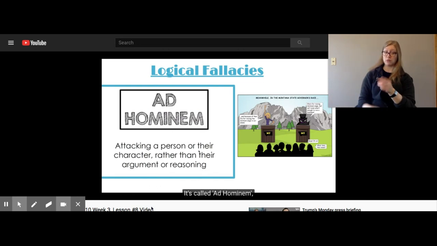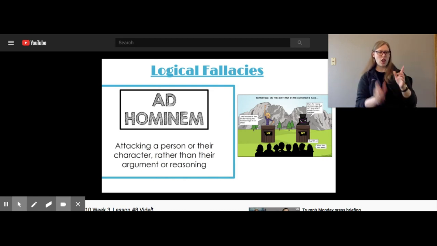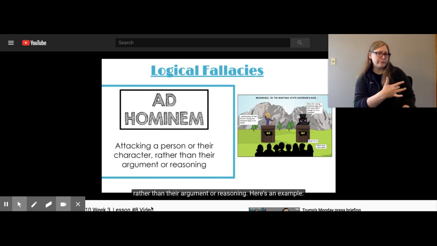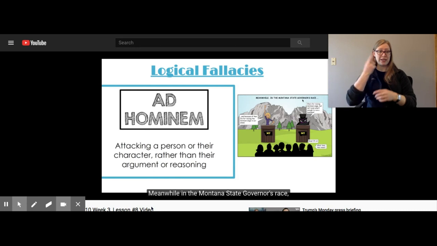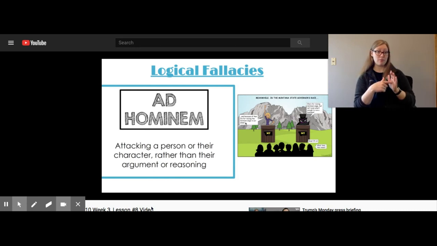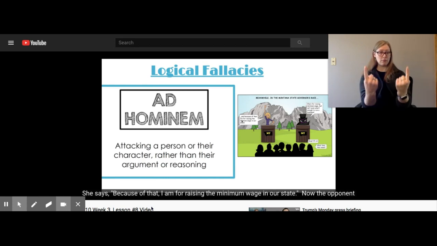It's called ad hominem. This is when the author is attacking a person or their character rather than their argument or reasoning. Here's an example. In the Montana state governor's race, here is a political candidate, someone who's running for governor, and she says, because of that, I am for raising the minimum wage in our state.